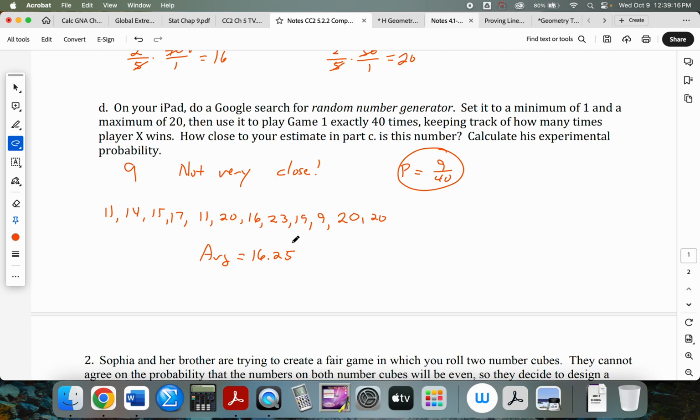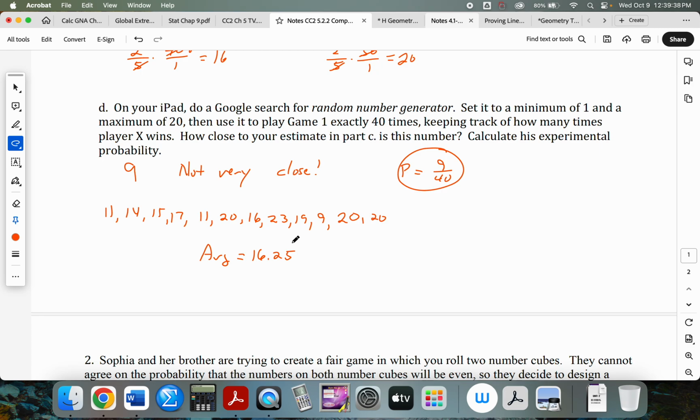Okay, so this is one of the big ideas in statistics, is that if you have a theoretical probability and you do an experiment just a few times, you can be way off from the experimental probability, right?